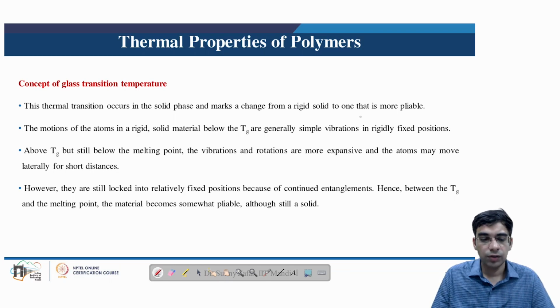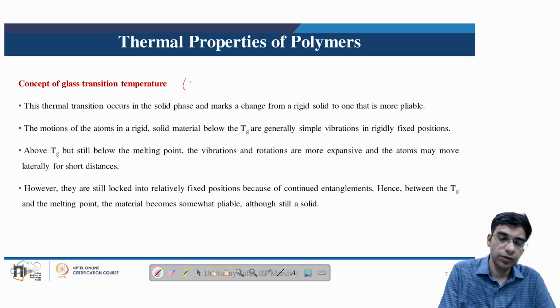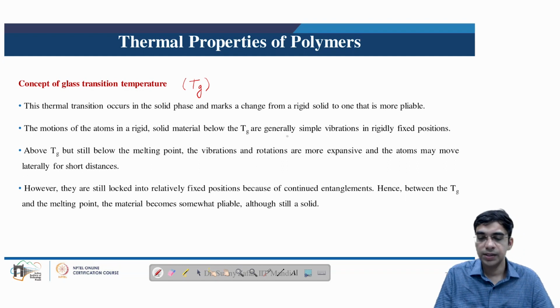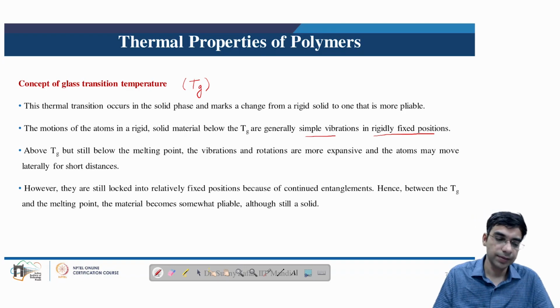So the motion of the atoms in the rigid solid below the glass transition temperature, which is denoted by Tg, is generally simple vibrations in rigidly fixed positions. Meaning in their mean position there are just simple vibrations and there is not much movement of the atoms.